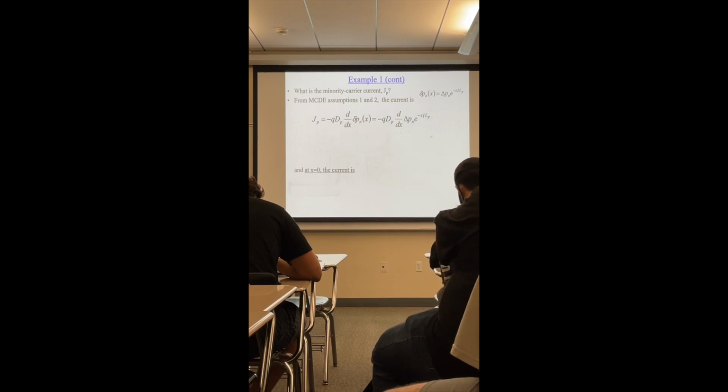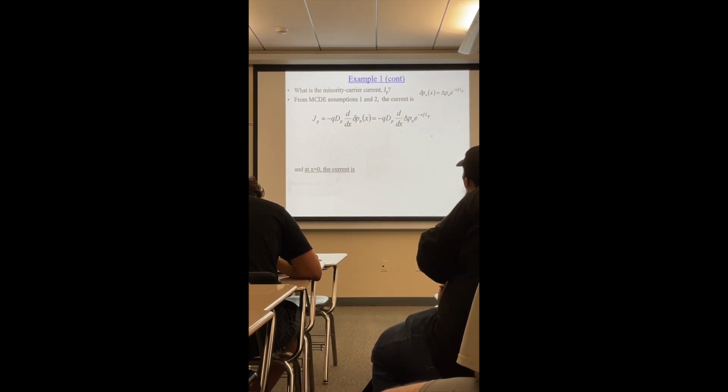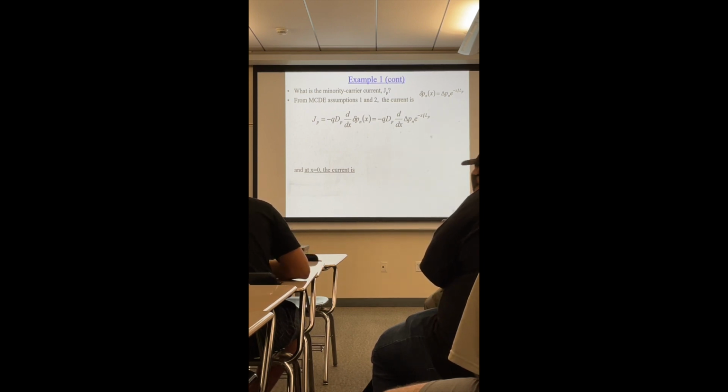So let me show you here. J is related to the derivative, so it's minus q D sub p times d delta p n over dx.